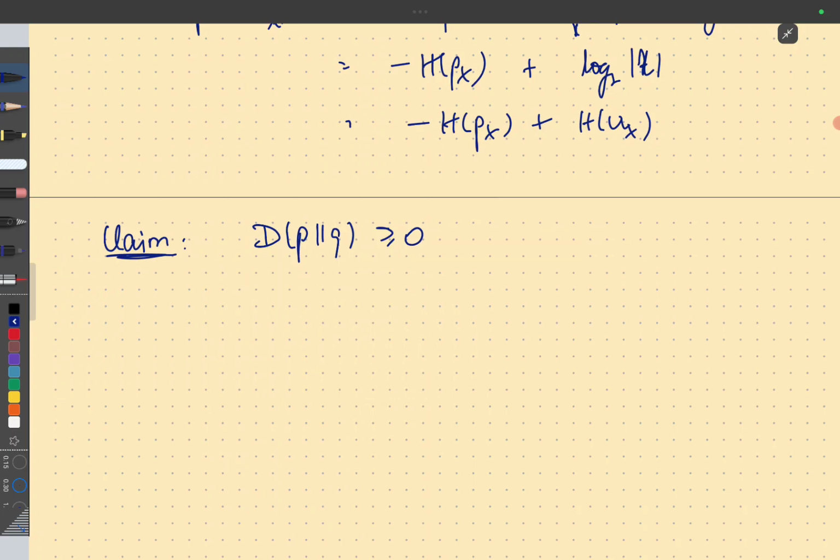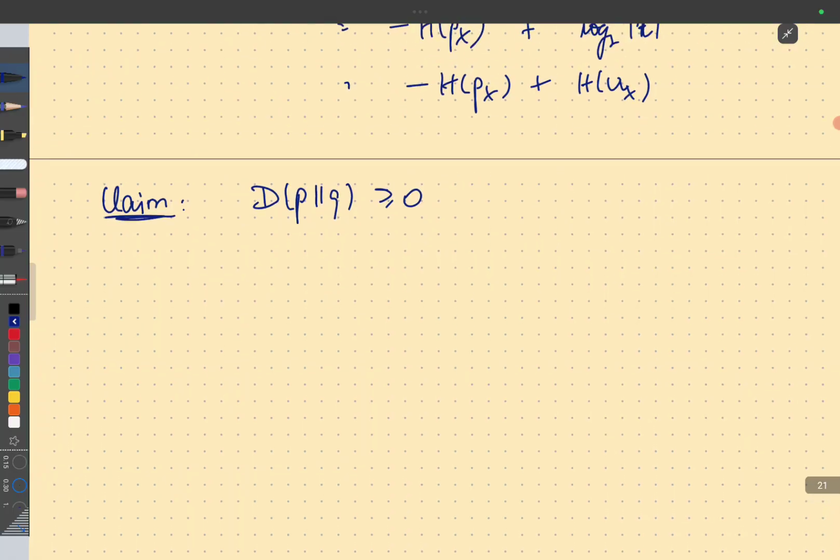And one way of doing this is rewriting D(p||q) in a nicer looking form. So D(p||q) is the sum over all x of p(x) log p(x) by q(x), right?